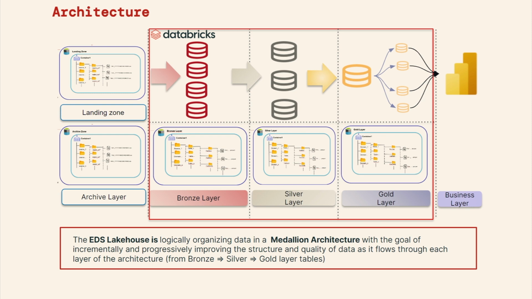In this layer, dimension and also fact are defined, and some aggregation are loaded. This layer is used to be connected to the BI tool, in this case, Power BI, and also in some cases, Power BI is connected to silver layer. But this is architecture. What was the need that bring to the migration for CNH to Unity Catalog?